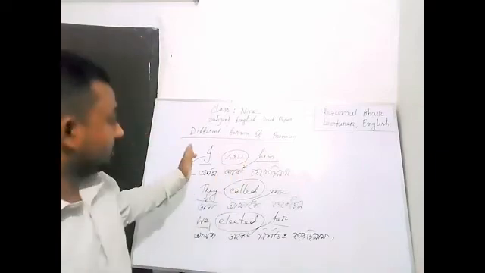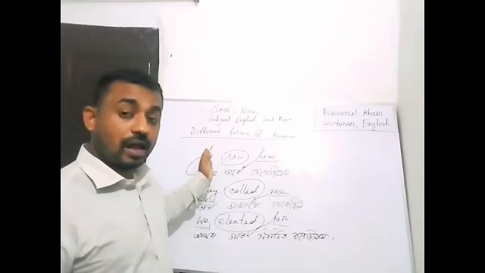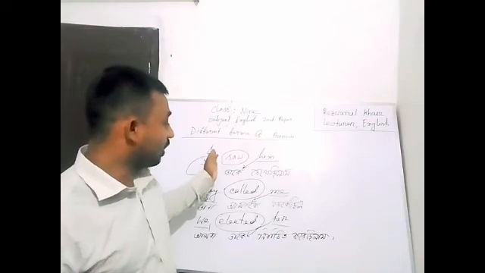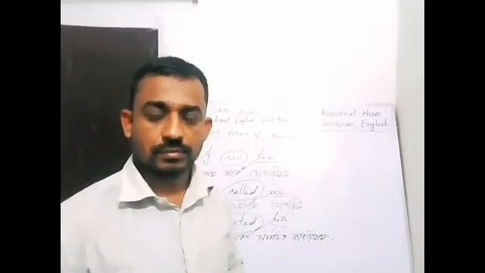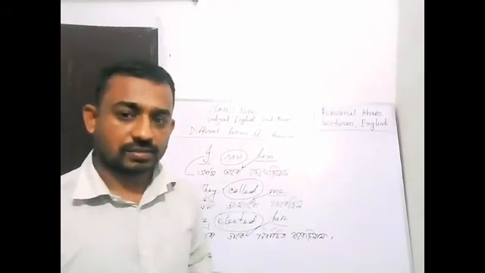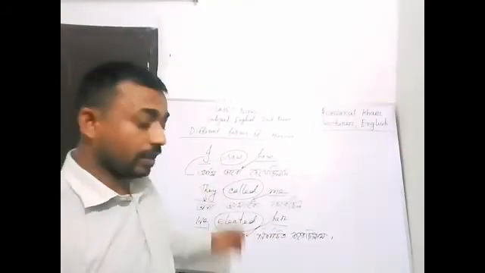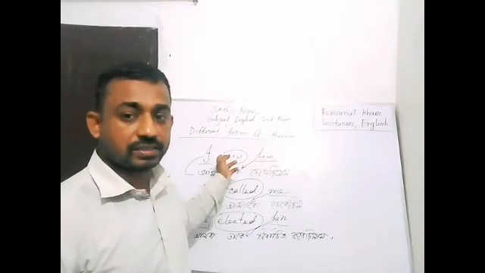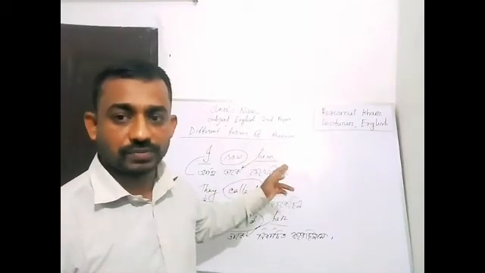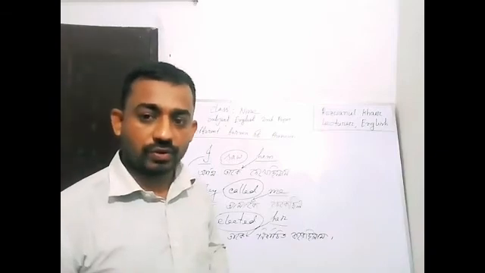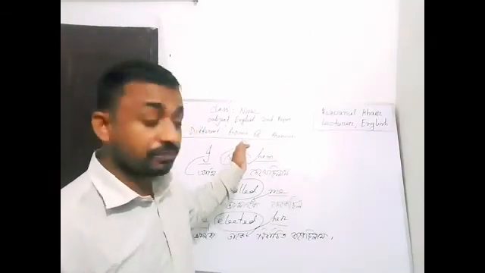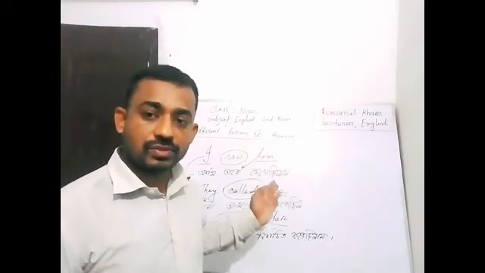And how important they are in a sentence, and how they are used. Dear learners, here we have seen how subject and object forms, nominative and objective forms, are used in a sentence. Now we are going to show you how the possessive forms are used in a sentence.